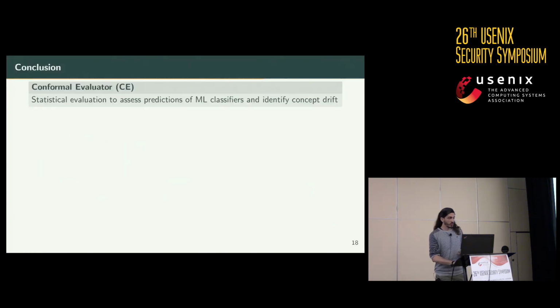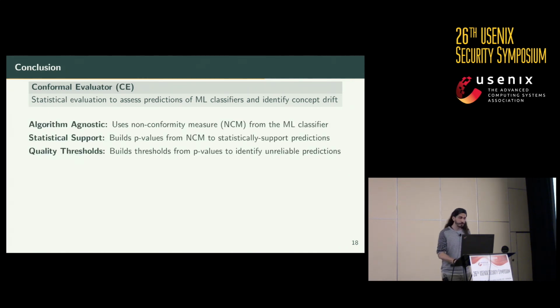So to conclude, we propose a conformal evaluator, a framework to assess the quality of the predictions made by a machine learning classifier, and we identify concept drift. The conformal evaluator framework is algorithmic agnostic and uses a non-conformity measure that is derived from the machine learning classifier.